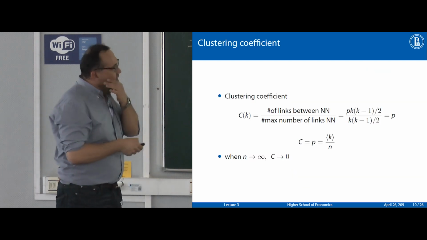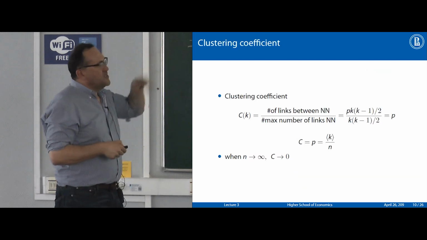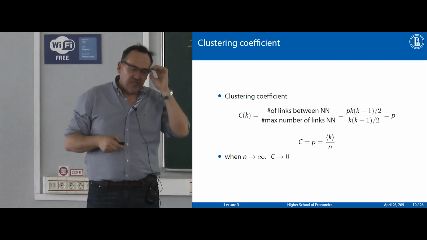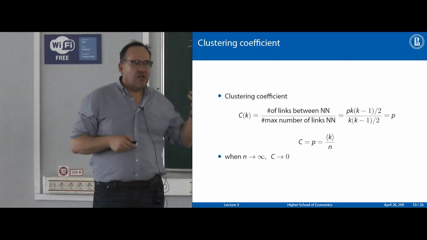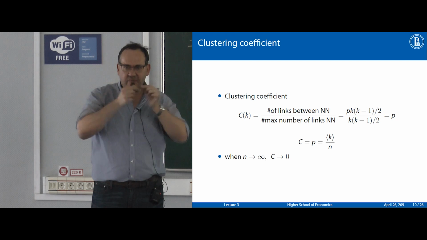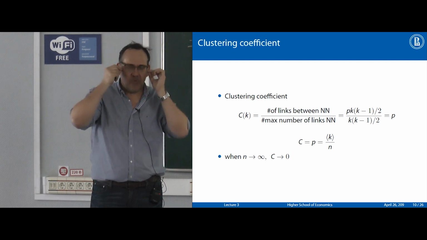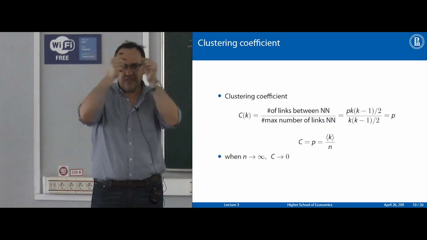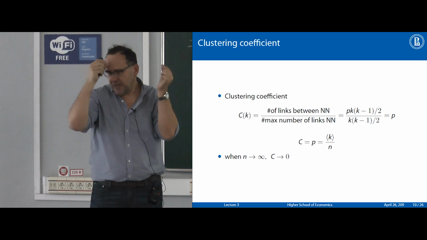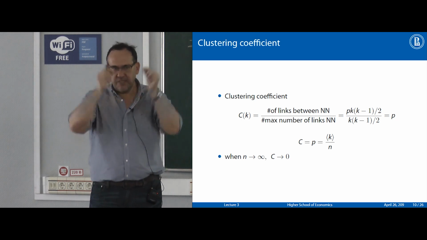All right. Okay, finally, this clustering coefficient. Clustering coefficient tells us how many triangles there are, or if two people have a friend in common, what's the probability that they know each other? So this triangle story.